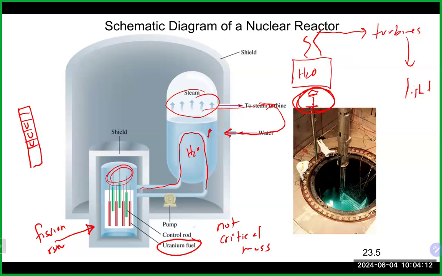In addition, they also have these control rods, which are inserted inside here where the fission reaction is happening. Control rods are soaked with things like cadmium, for example, and cadmium is a good neutron absorber. So these control rods are really good at grabbing up neutrons.